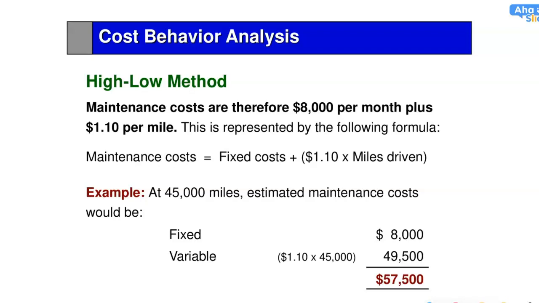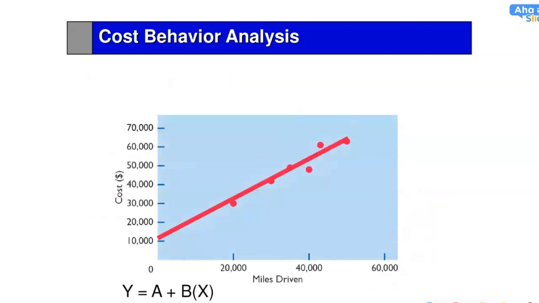Now, make sure you understand that method. Now, if you're mathematically inclined, which a number of you are, you would recognize that this is the formula for a straight line. What I've done is I've plotted the actual costs on a graph against the miles driven. And I take the high and I take the low and I draw a straight line between them and see where it intercepts the axis down here.